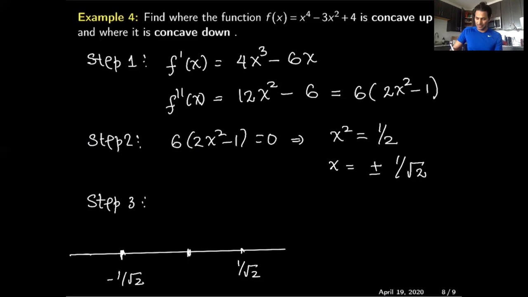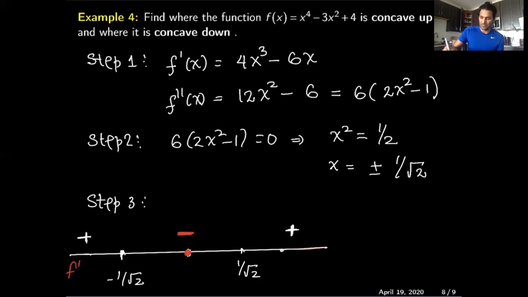If I plug in 0, because 0 is in this interval from negative 1 over root 2 to 1 over root 2, I will see the second derivative of the function is negative. You can also take a point on this other portion of the interval, maybe 3 or 4, whatever. If you plug it here, you will see that the second derivative of the function is definitely going to be positive.